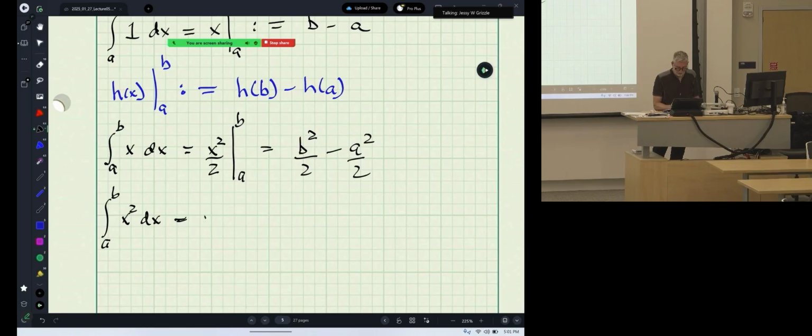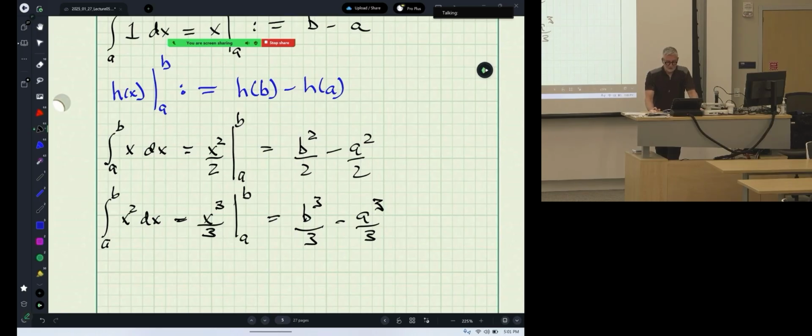And then with x squared, raise the power by 1, divide by the same power, apply the limits, b cubed over 3 minus a cubed over 3. Okay.